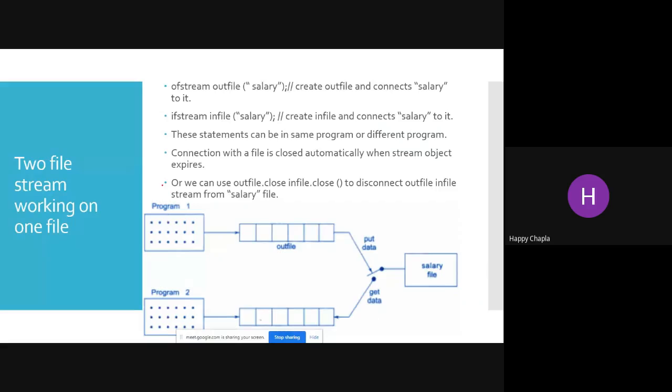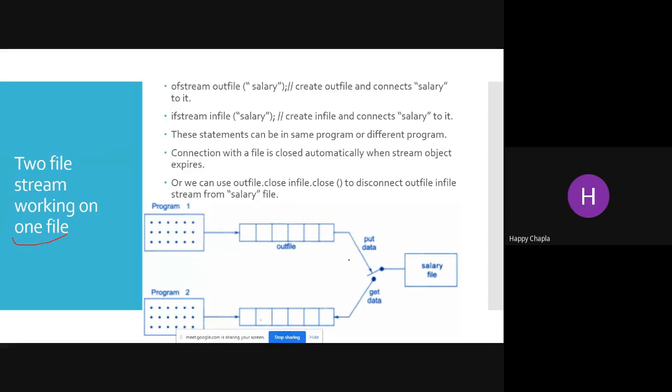Okay, but whenever you have two file streams and you want to work with two file streams on one file, what is the concern over here? So we have program one and program two.